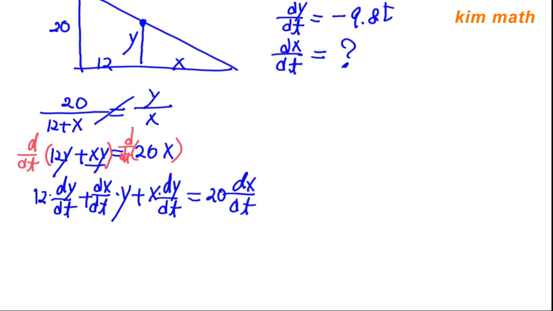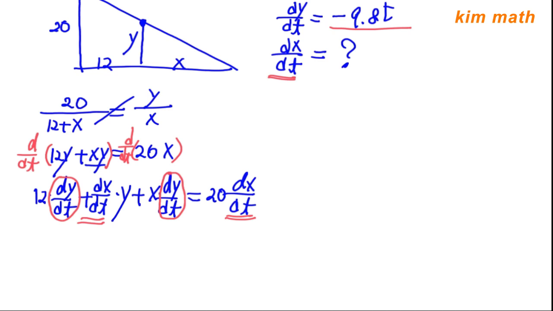Okay, so here we have this value dy/dt, here and here, and we want to find dx/dt. I need dx/dt here. It appears twice.